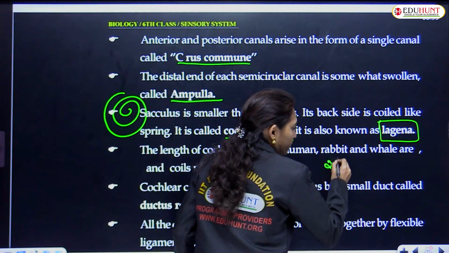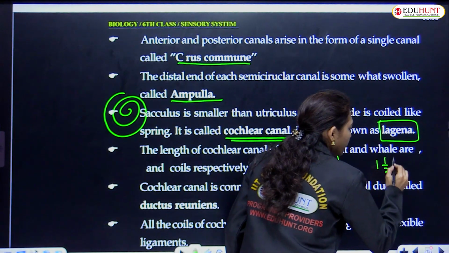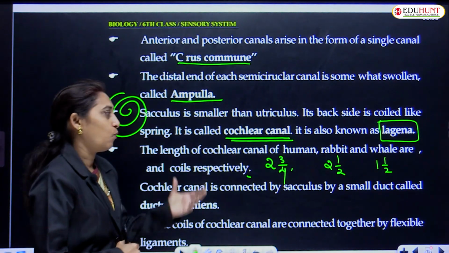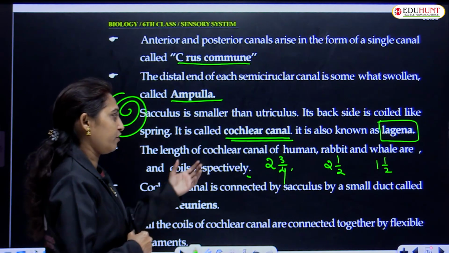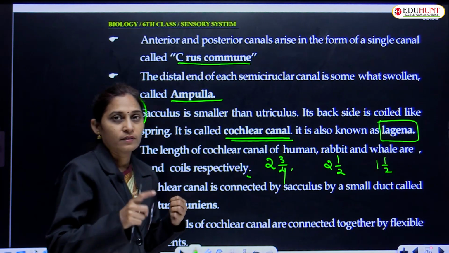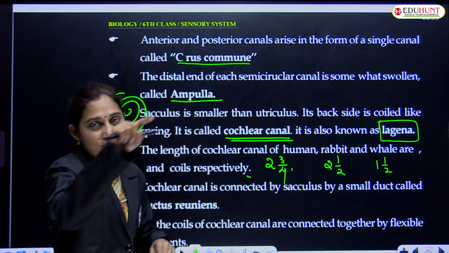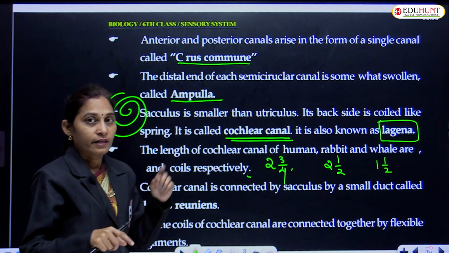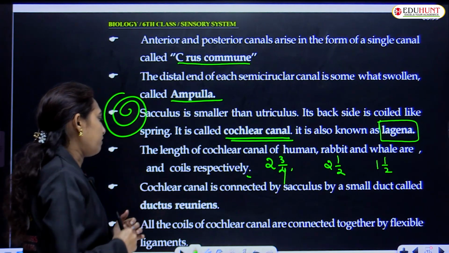In human 2 3/4, in rabbit 2.5 coils, and in whale 1.5 coils respectively.